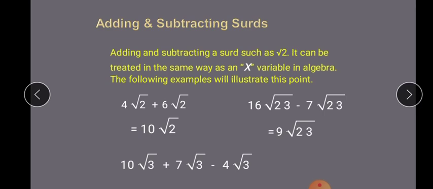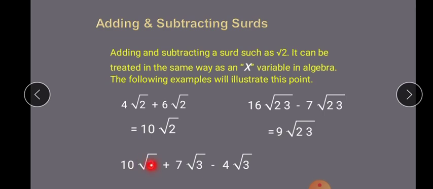Let us take one more example where both addition and subtraction are there. 10 root 3 plus 7 root 3 minus 4 root 3. As all have root 3, let root 3 equal x. So it will become 10x plus 7x minus 4x.